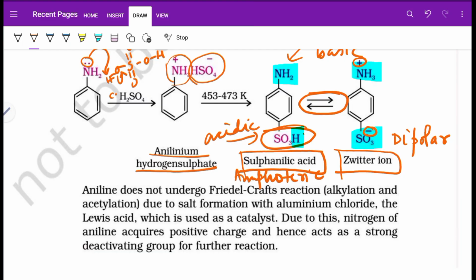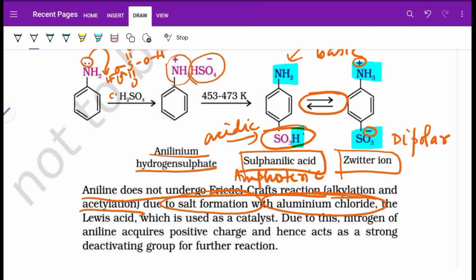Another important fact is aniline does not undergo Friedel-Crafts reaction, like benzoic acid we have seen. But what is the reason over here? Here we can see neither alkylation nor acetylation reaction is feasible with aniline due to the salt formation with the Lewis acid catalyst aluminium chloride. Why?